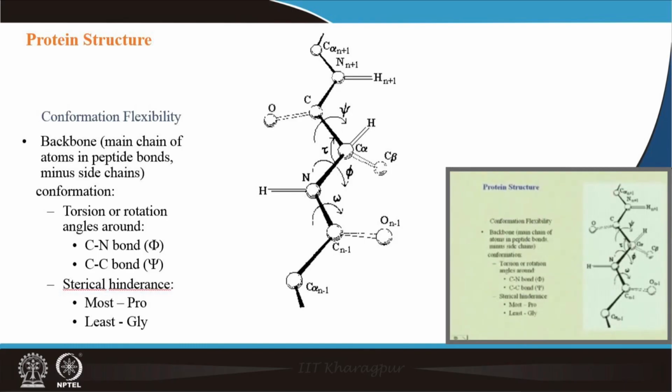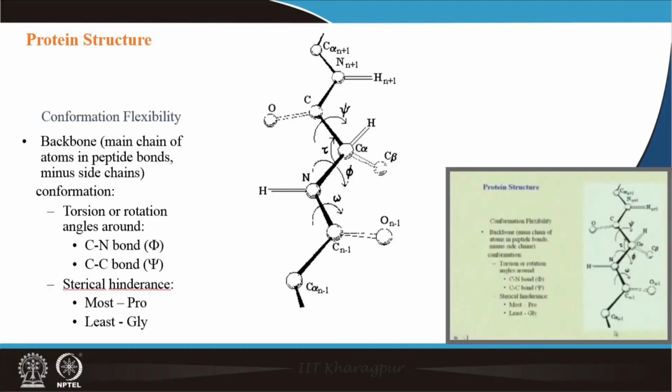What do I have linked to the C alpha? I have the R group. On one side you have the hydrogen. So, what makes it asymmetric? You have hydrogen, you have the R group, you have the NH2 group, you have the carboxyl group. So, this is part of my amino acid which is now present in the protein structure.